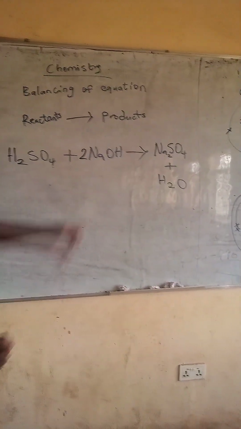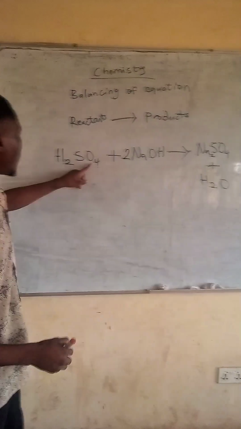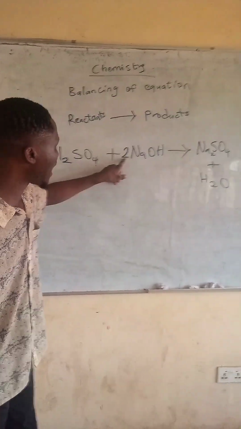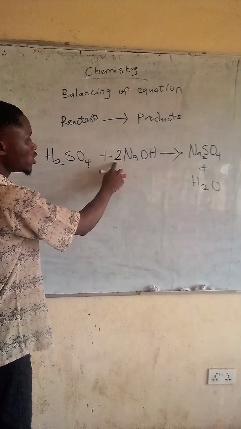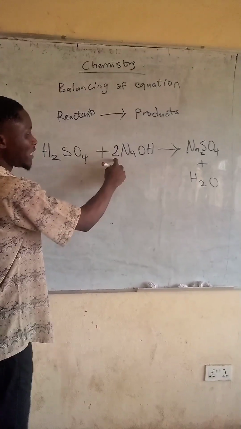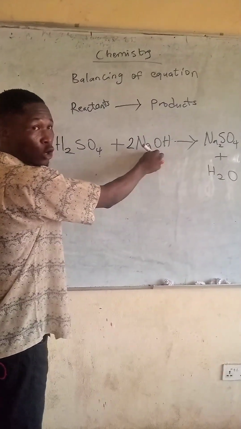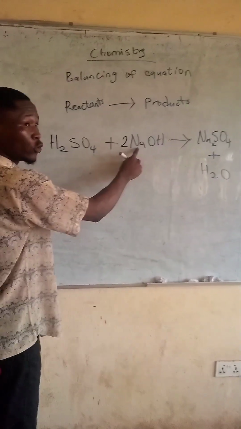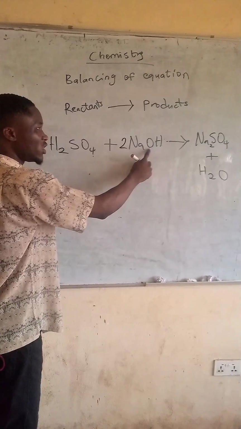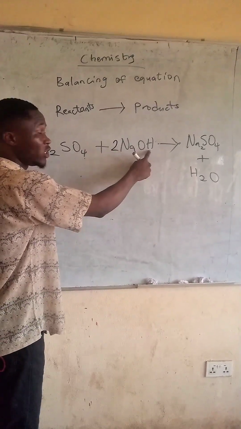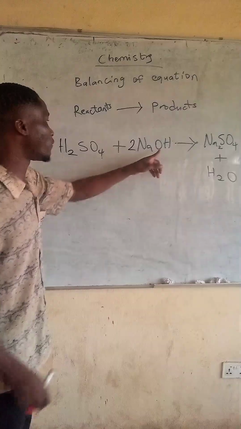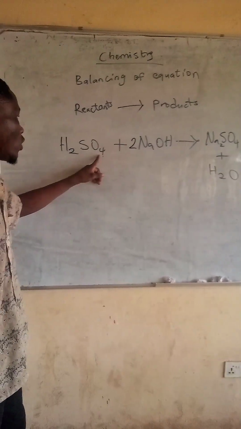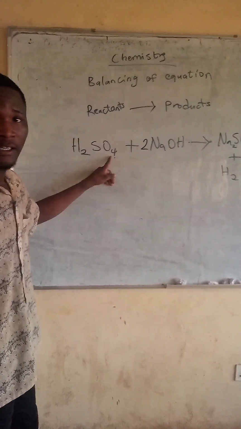Now, what remains is the oxygen. We have 4 oxygen here plus another 2. Mind you, this 2 is not only affecting sodium, it's affecting every atom that makes up this compound. So 2 is affecting sodium, 2 is affecting oxygen, and 2 is also affecting the hydrogen in this compound. So we have 2 oxygen here and 4 oxygen here, making 6 oxygen.